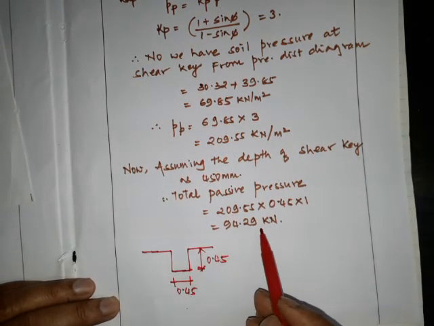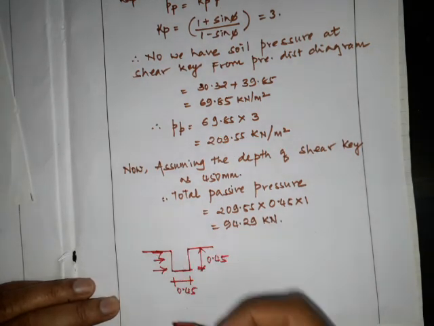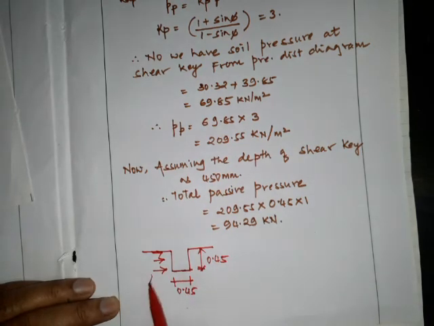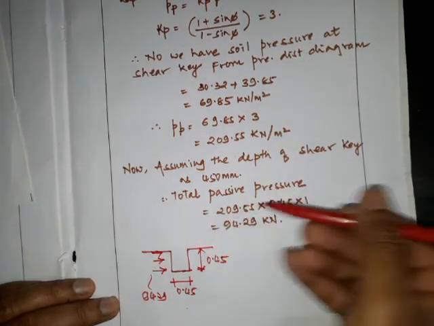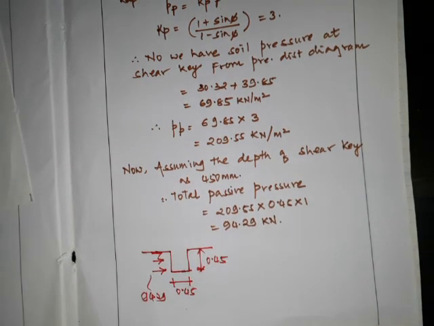So the force generated, total passive, by inserting a shear key, we got as 94.29. This will resist the force which is acting in this direction. Okay.